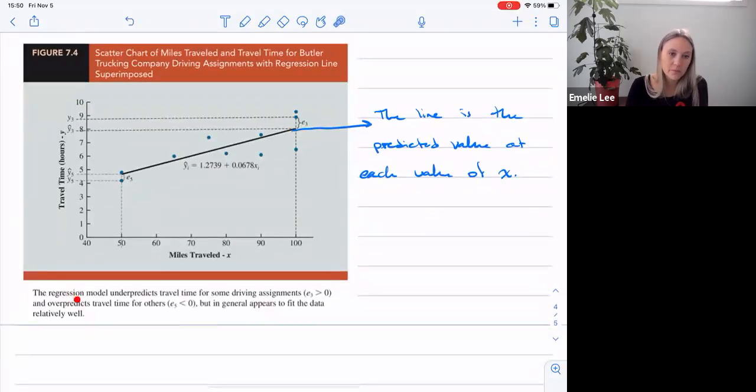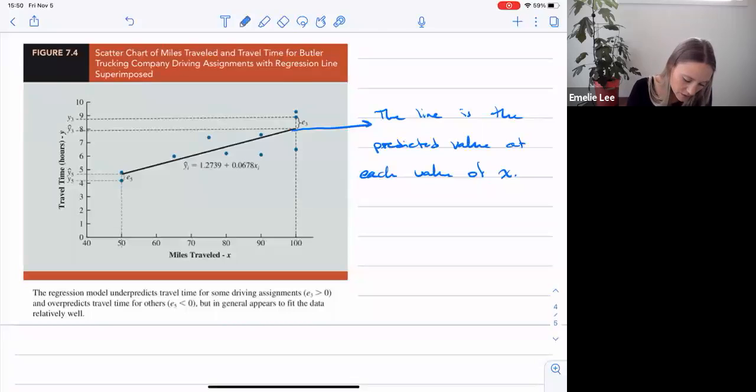Because I'm out of time, I'll just rely on this little note here. The regression model under predicts travel time for some driving assignments and over predicts the travel time depending on whether the residual is greater or less than 0.